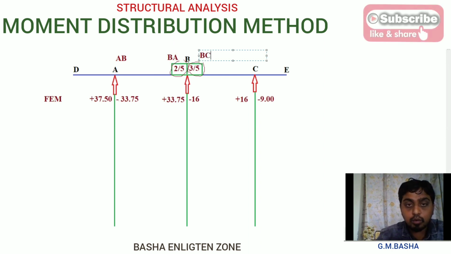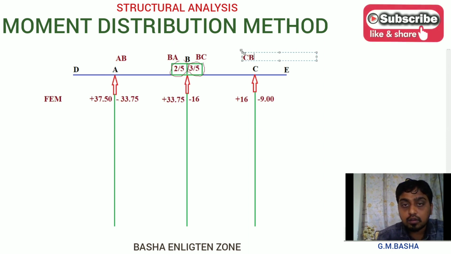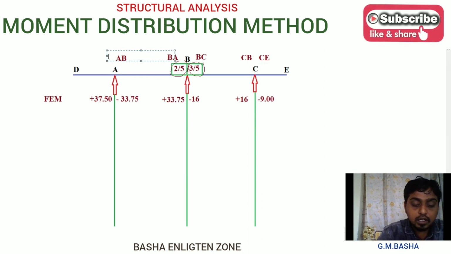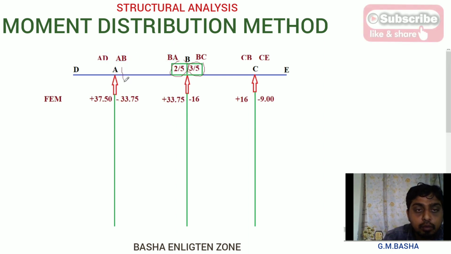Whatever moments we take in the BC position, similarly this one will be related to CB, and here in the CE span, this one will be CE and this one will be AD, based on that condition. See here, I am taking the AB moments here.